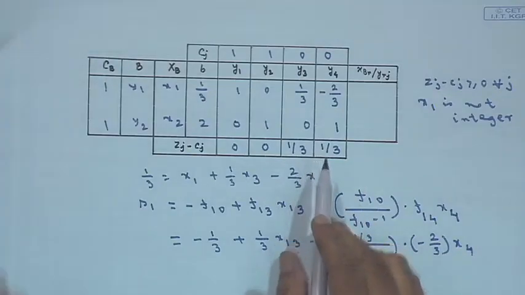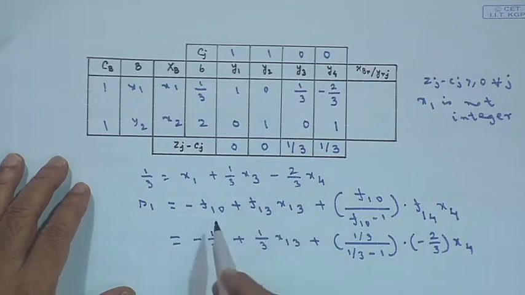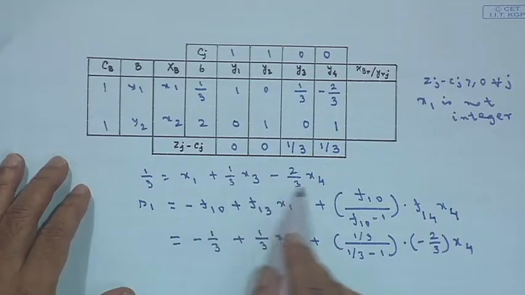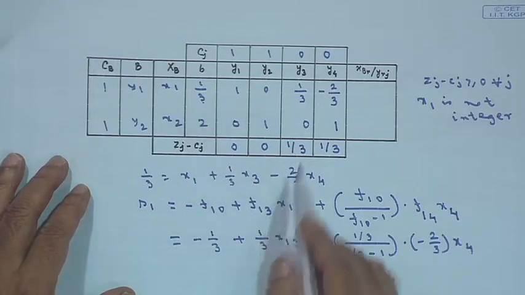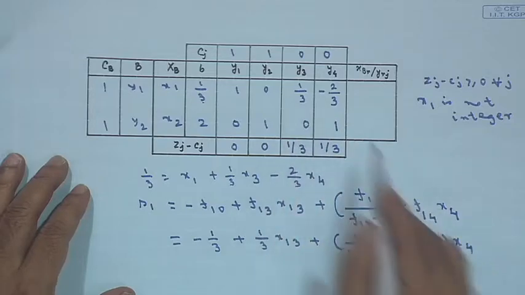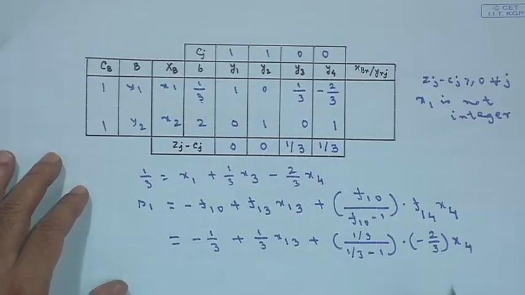For this case, the equation at first I wrote like this: minus f k 0 plus f 13 x 3 plus f 10 by f 10 minus 1 into f 14 into x 4. Now I am putting the values of f 10 which is 1/3, f 13 is 1/3 and f 14 is minus 1/3, so that you obtain S 1 equals this.